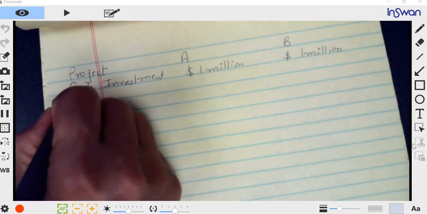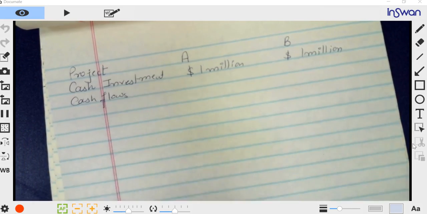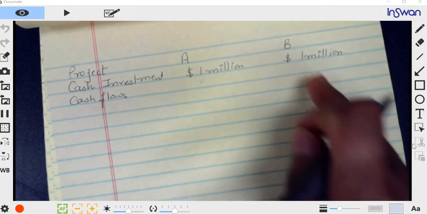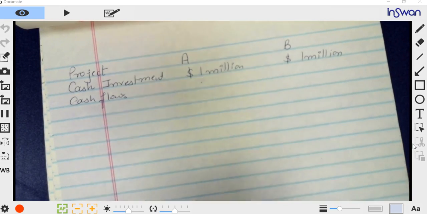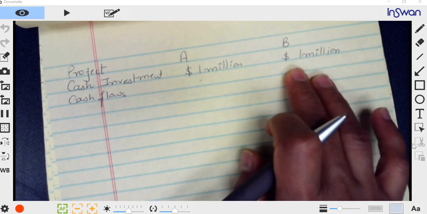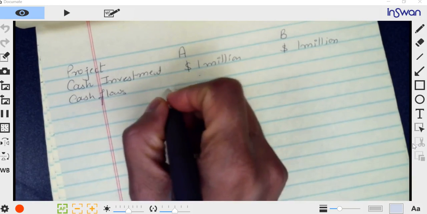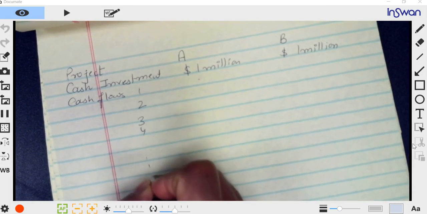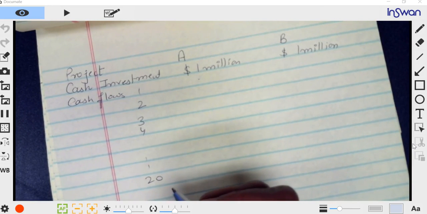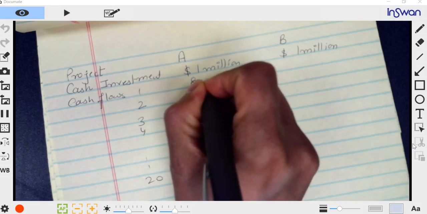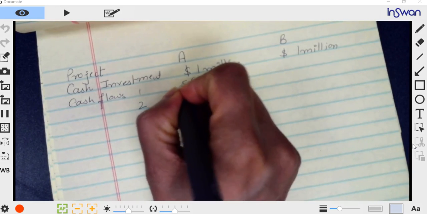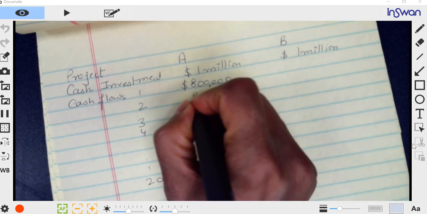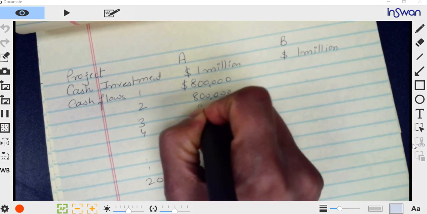But when it comes to cash flows of the projects, let us say project A offers us higher cash flows compared to project B. Let's say it provides cash flows for up to 20 years, and every year the cash flow is exactly the same, $800,000.